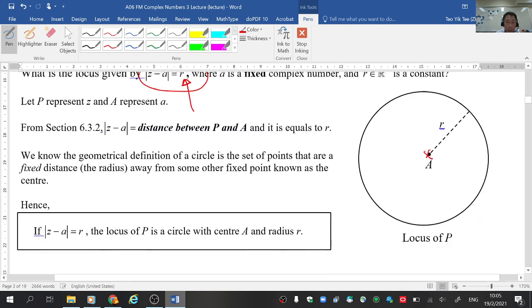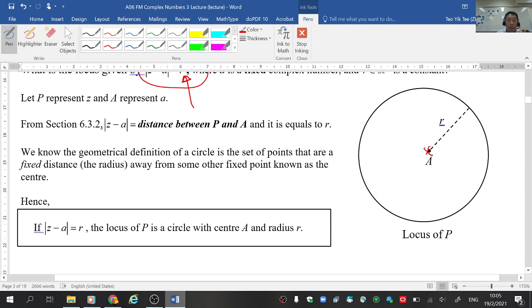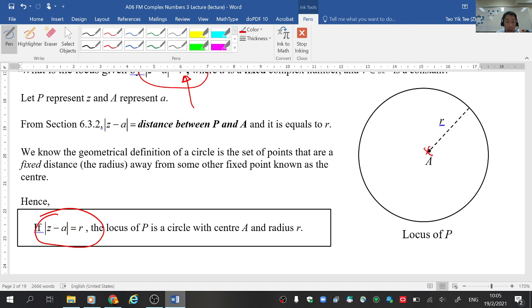So this is the first important concept, or the first locus that we are introducing to you. Modulus of z minus a is equal to r basically represents a locus of point P, where the center of the circle is A with a radius of r.